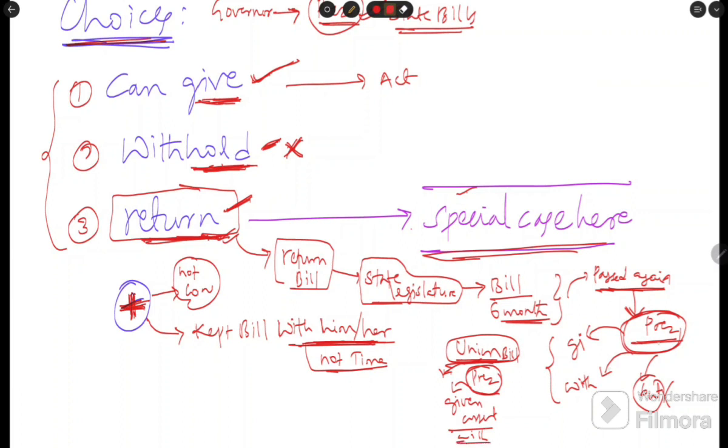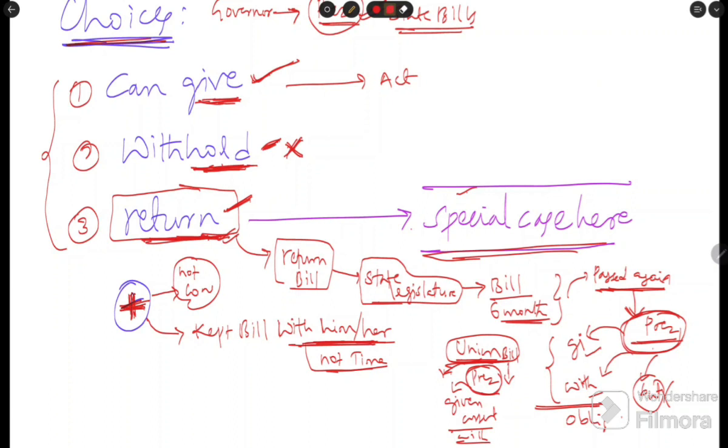But in case of state bills, he can give or withhold. He has no such obligation to give the assent. But it is obligatory for the president in case of returned union bills, and it is not in case of state bills. This is one significant difference we need to know.